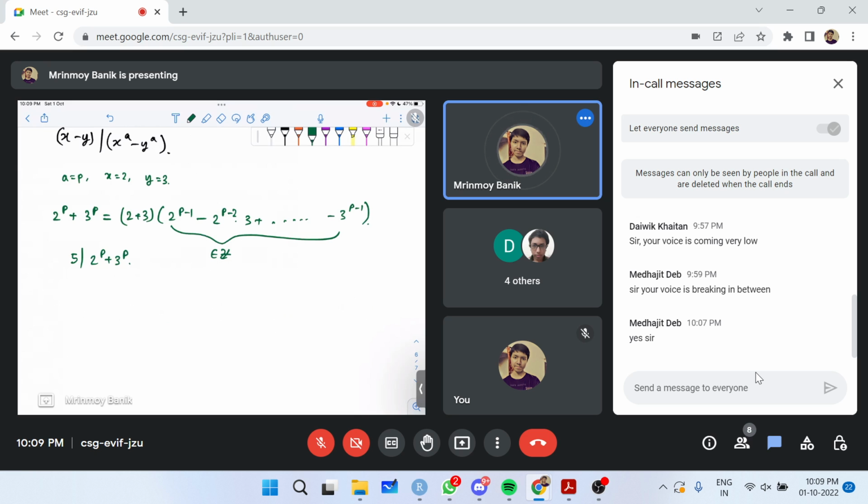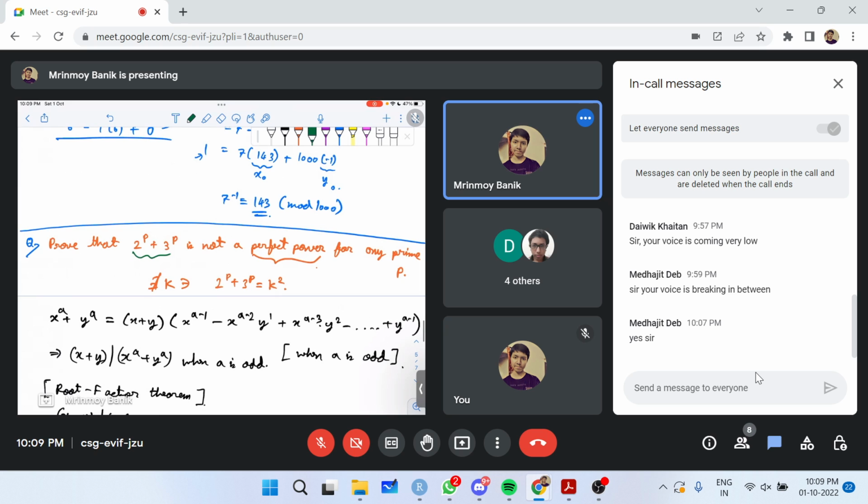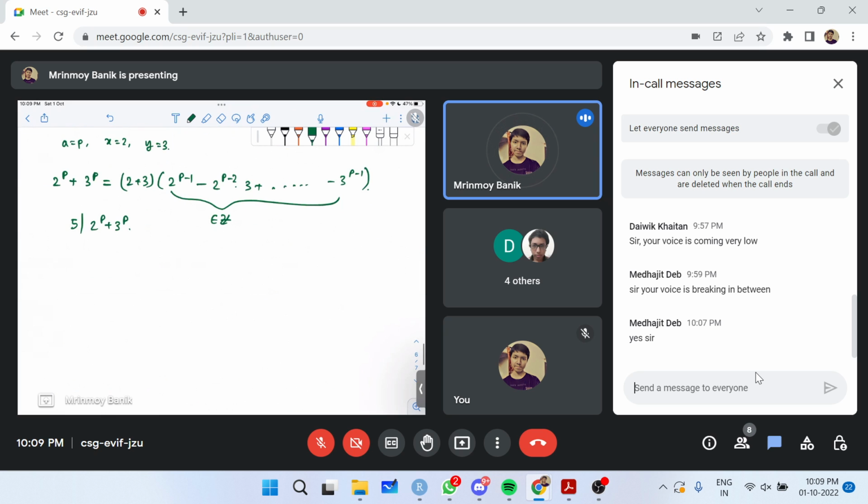So now we know 2^p + 3^p is divisible by 5. If 2^p + 3^p has to be some perfect power of k, say k^r, then 5 divides k^r, which implies, since 5 is a prime, 5 must divide k.